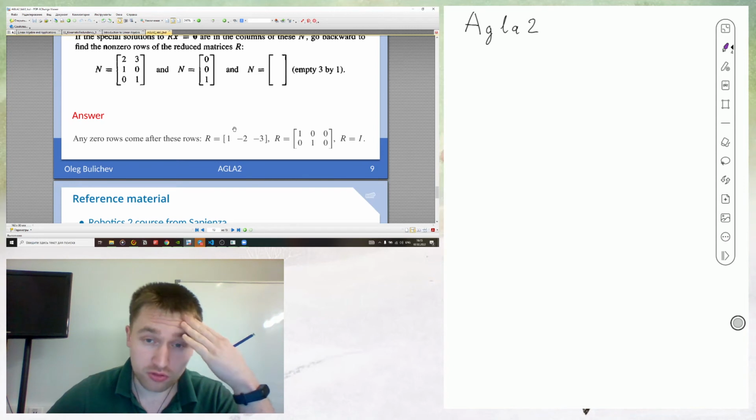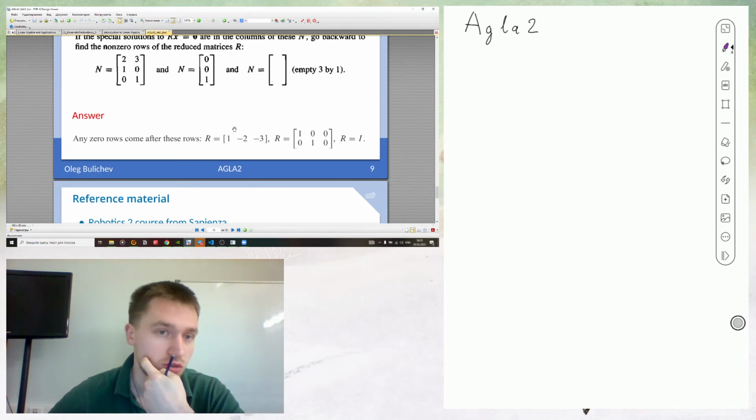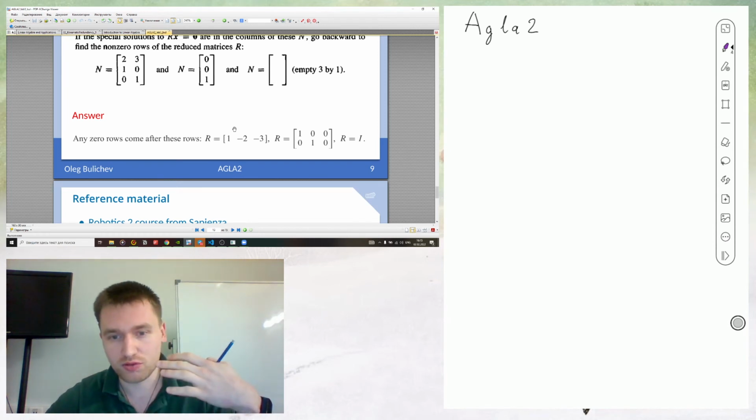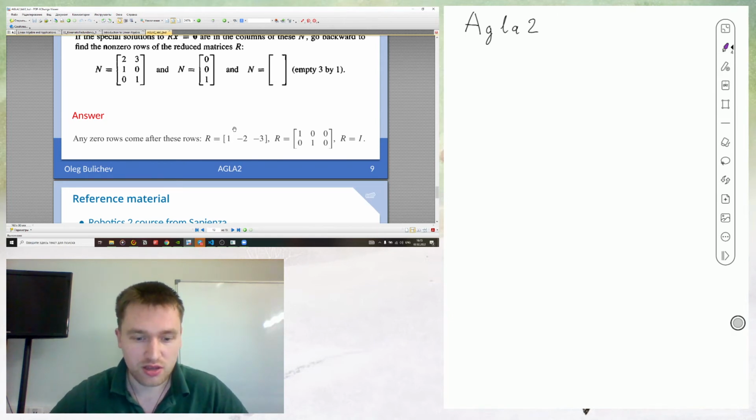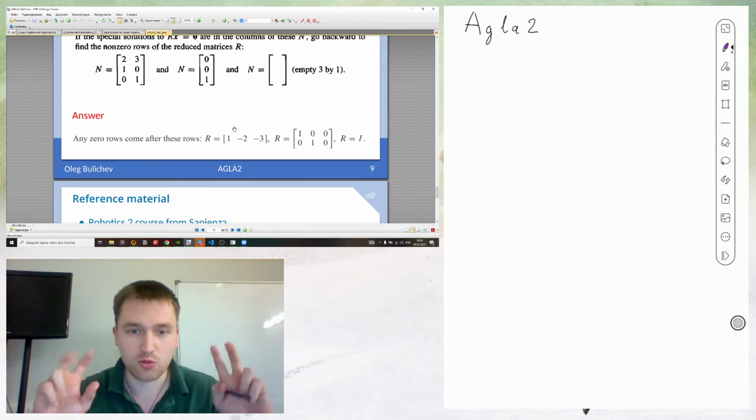I think that I will also give you some extra tasks, but I need to find them. I can provide you a lot of tasks about how just to solve it, but you can make a matrix by yourself and just solve this. I want to find some interesting tasks, but not very theoretical ones.